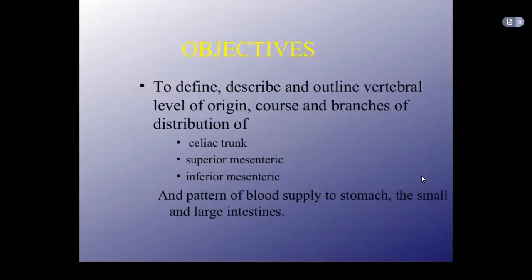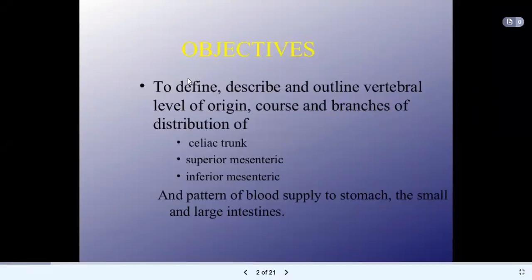the large intestine. So, objective: to define, describe, and outline vertebral level of origin, course, and branches of distribution of the celiac trunk, the superior mesenteric artery, and the inferior mesenteric artery.